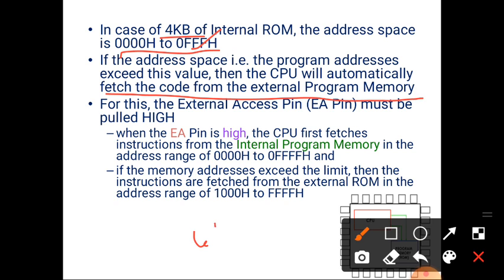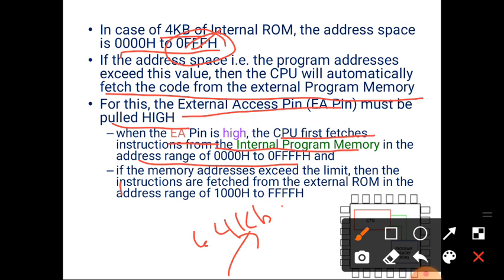So it supports 64 kilobytes. If the size of the program memory is greater than 0FFFH, then it directly fetches the instruction or code from the external memory. For this, it uses a pin known as the external access pin, and it must be pulled high. If the external access pin goes high, then the CPU fetches the instruction from the internal program memory in the address range from 0000 to 0FFFH.